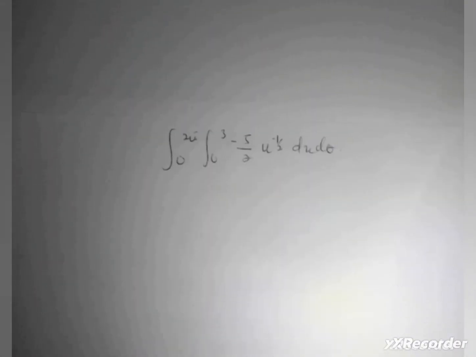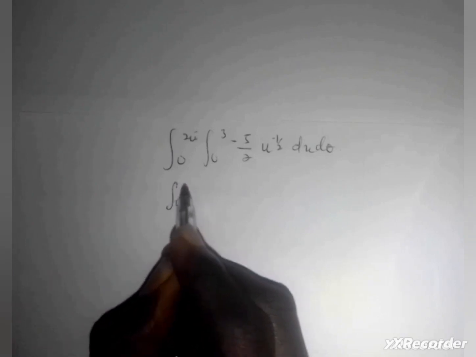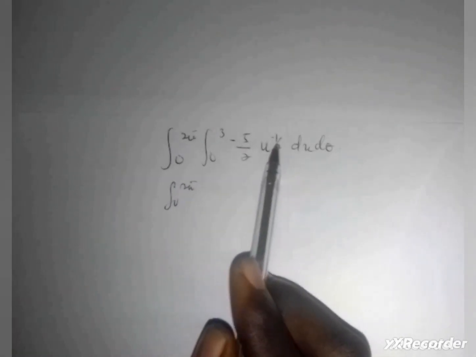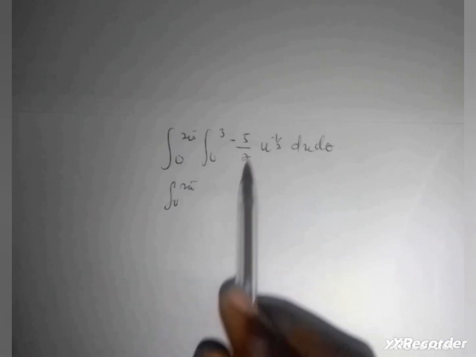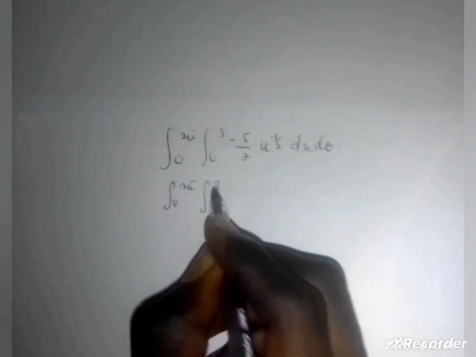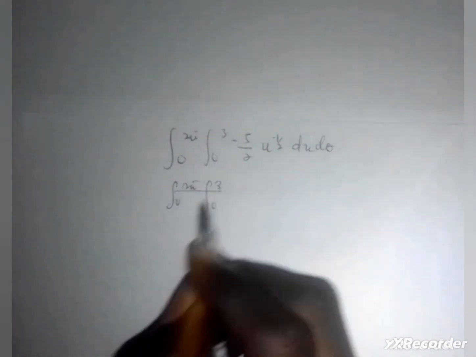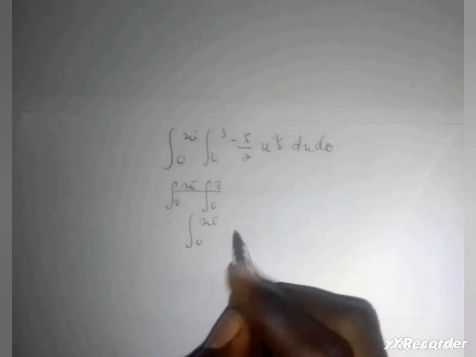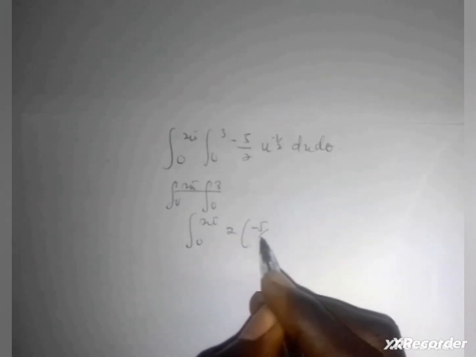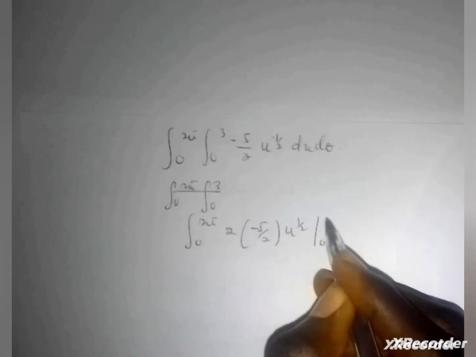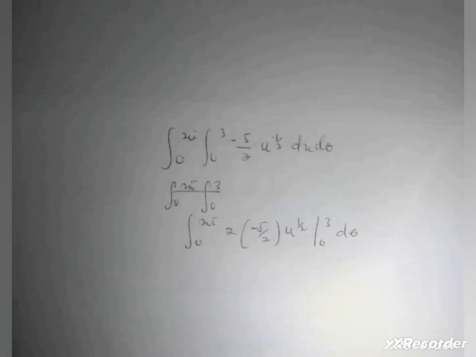Okay, so at this point we have integral 0 to 2 pi here. Then I'm going to integrate this, so I'll add 1, I'm going to get half, then I'll multiply. So integral 0 to 2 pi, then I'm going to have my 2 multiplying negative 5 over 2, then u to the power half from 0 to 3 d theta, right?